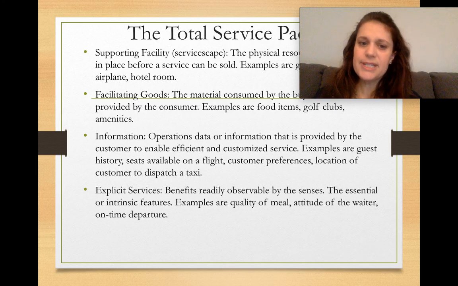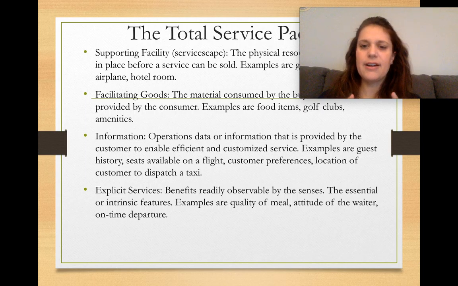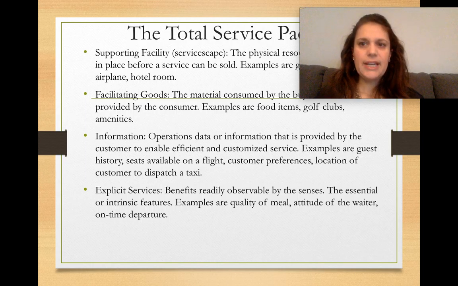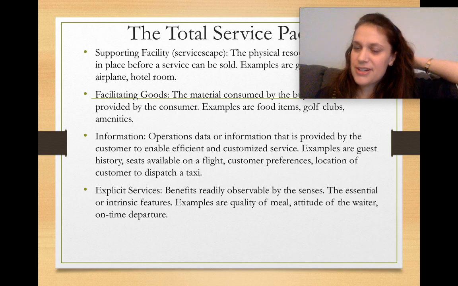And then the explicit services are benefits that are readily observable by the senses. So intrinsic features like the quality of the meal, the attitude of the waiter. These are not things that we read about when we go to the website for the restaurants.